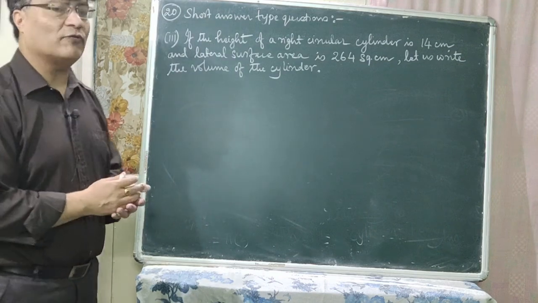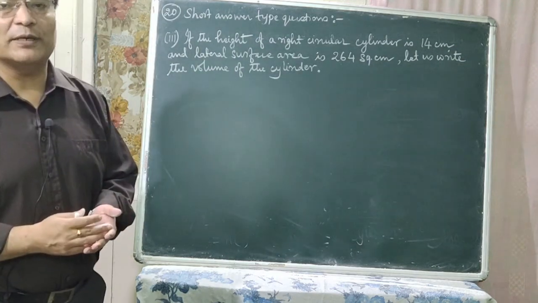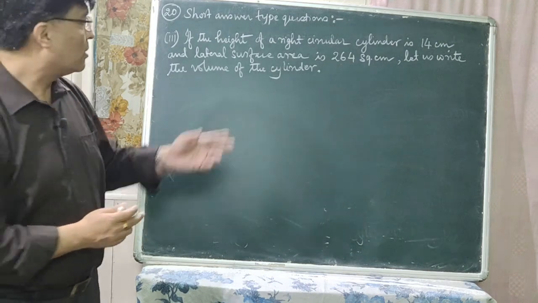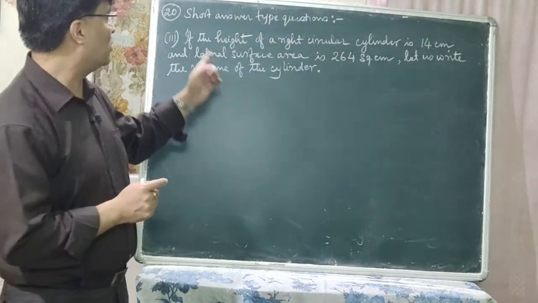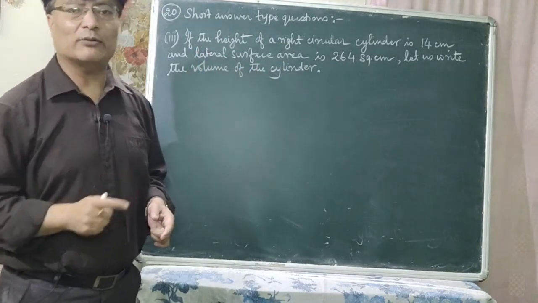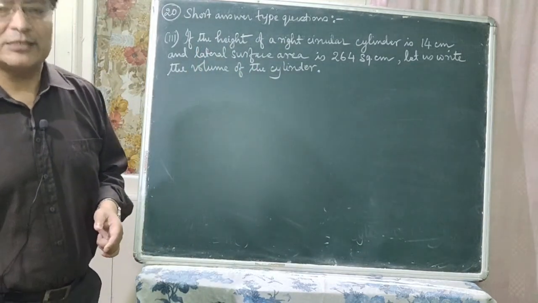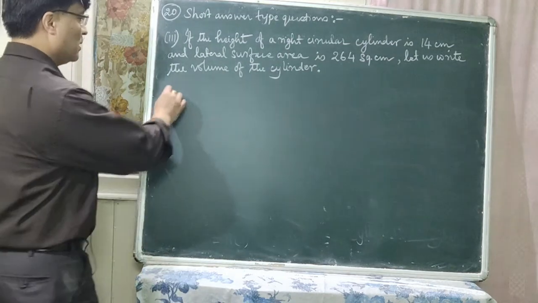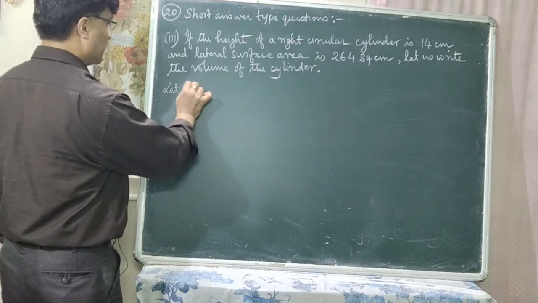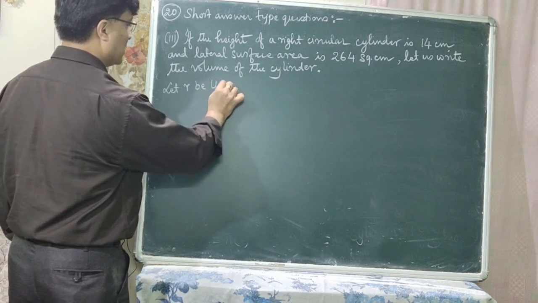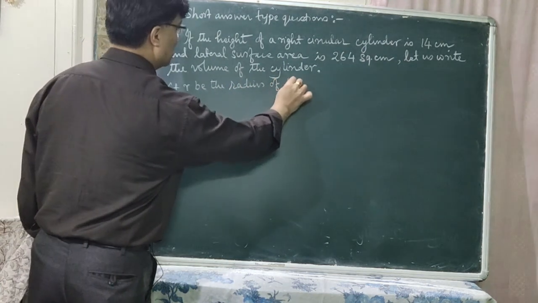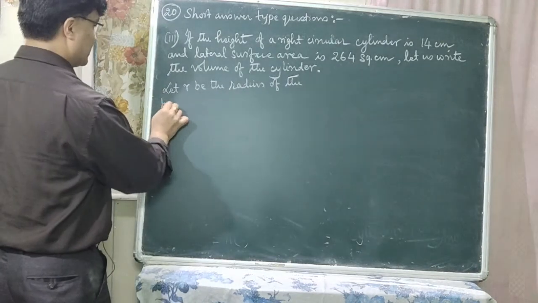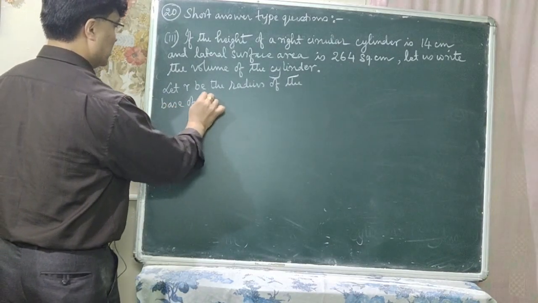So let us write down the volume of the cylinder. You have to find out the volume of the cylinder. Okay. So for the volume of the cylinder we need pi r square h. We know the height, but you should calculate the radius of the base of the cylinder. Let us assume it. Let r be the radius of the base of the cylinder.